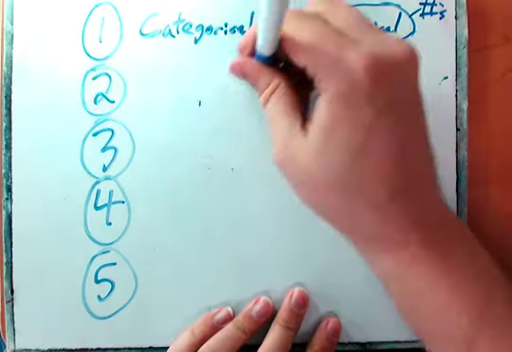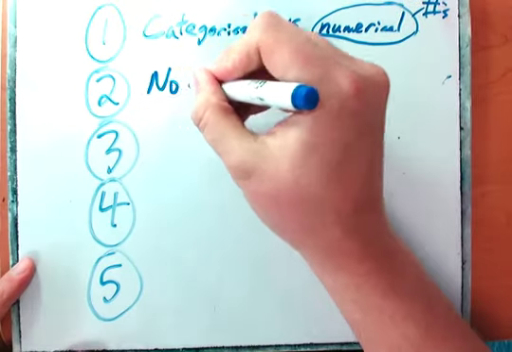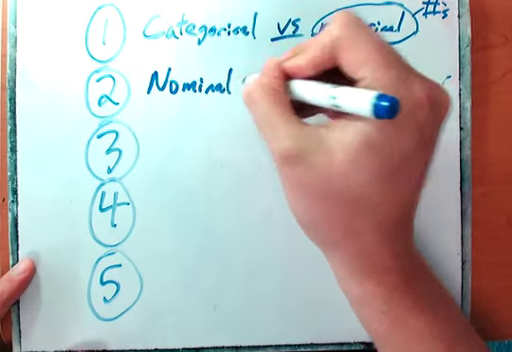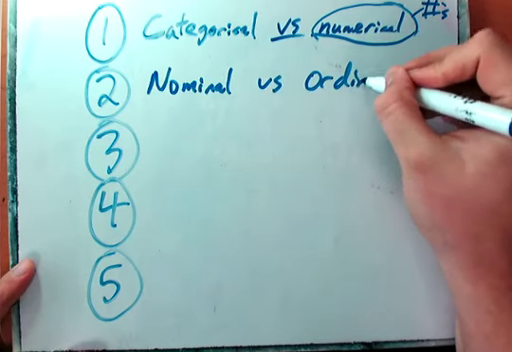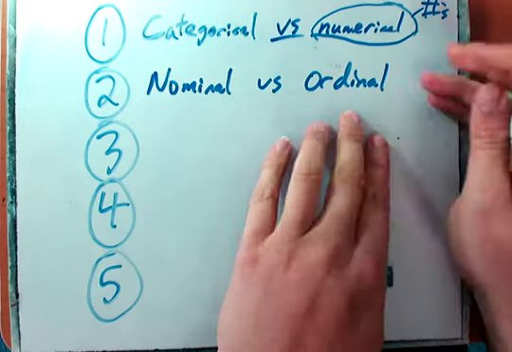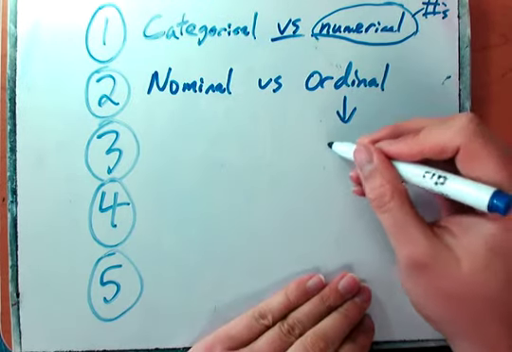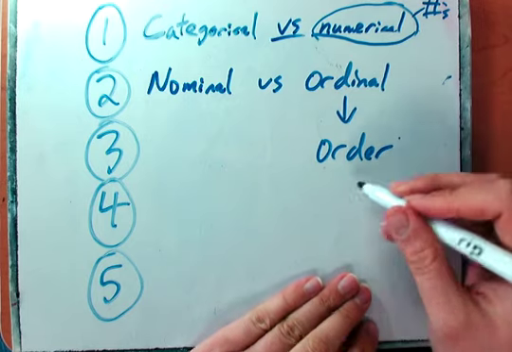Second one. Nominal or ordinal. So nominal versus ordinal. This basically means order. Is there an order to things?